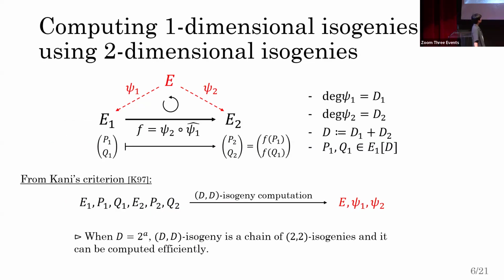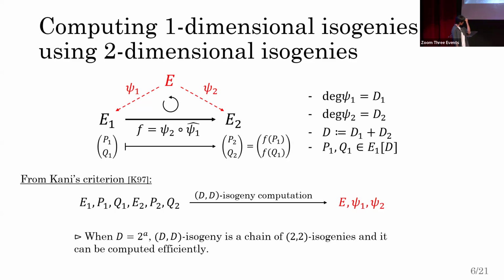Next, I explain how to compute a one-dimensional isogeny using a two-dimensional one. That is the technique using this idea. I use this diagram where phi1 is an isogeny of degree d1, psi2 is of degree d2, and f is the composition of psi2 and psi1. And d equals d1 plus d2, and P1, P2 is the basis of the d-torsion.